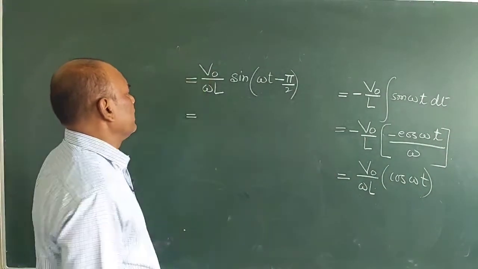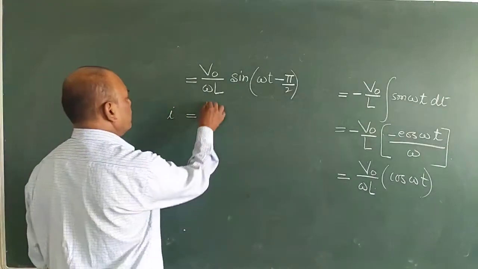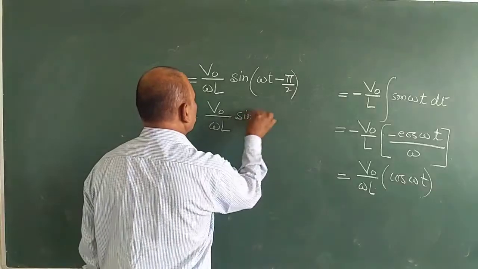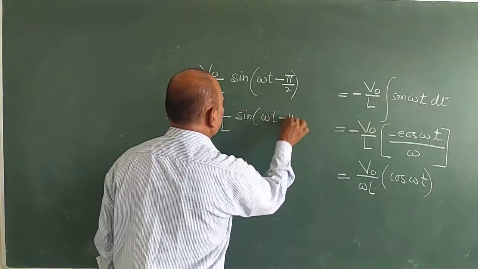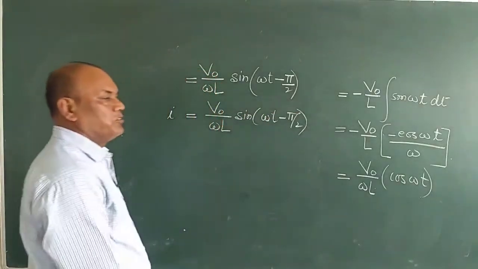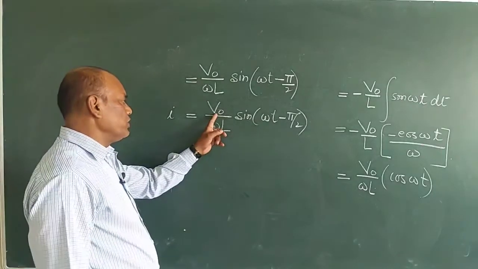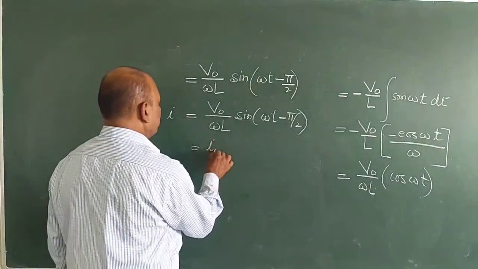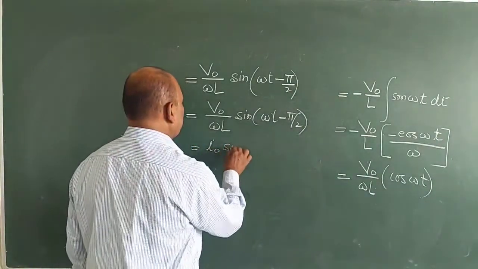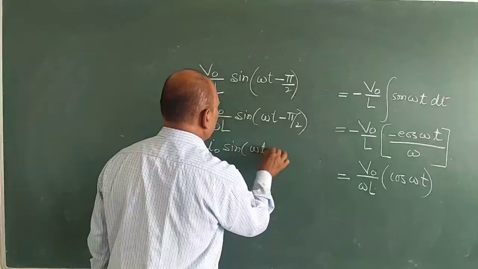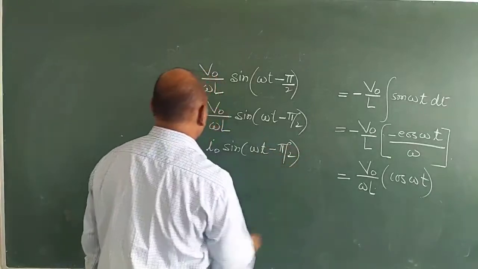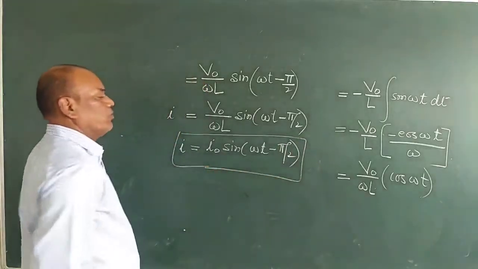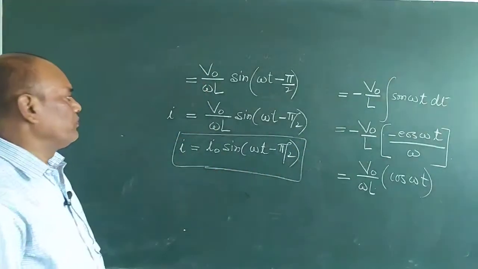So I is equal to V0 by omega L into sin omega t minus pi by 2. Now V0 by omega L will be equal to I0, so I is equal to I0 sin omega t minus pi by 2.